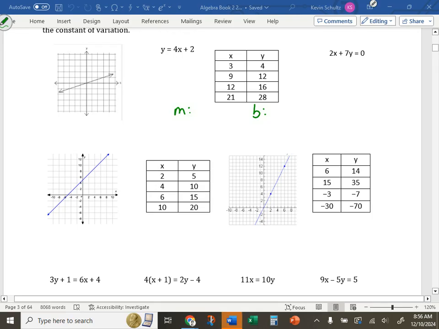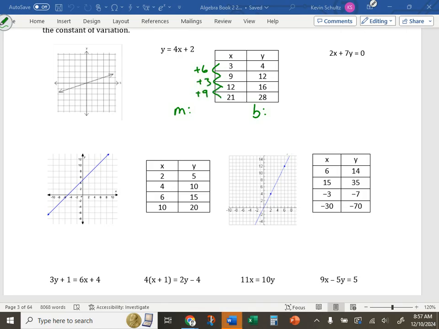Lucas. Well, first you would look at each of the things and you add them up. Like, that one's plus 6, plus 3, then plus 9. And go to the other side here.